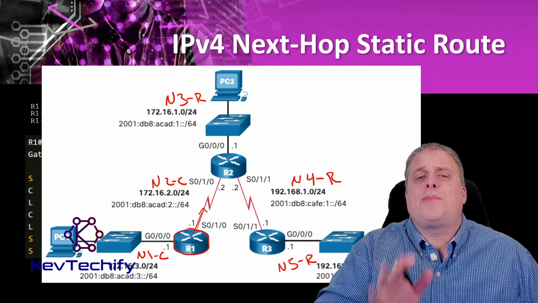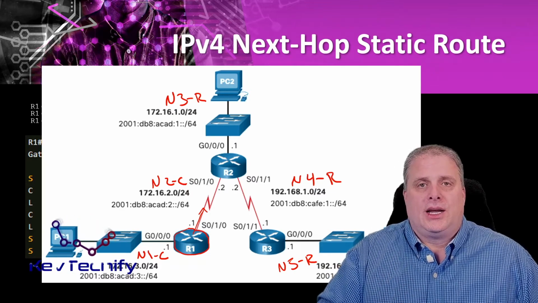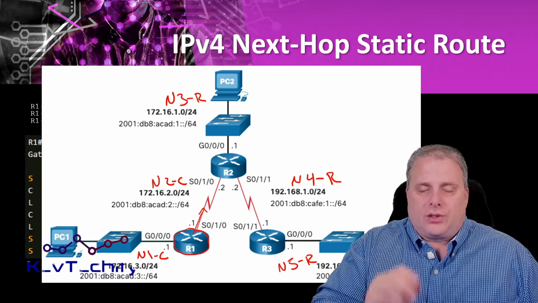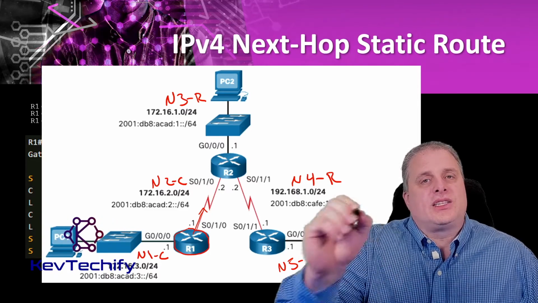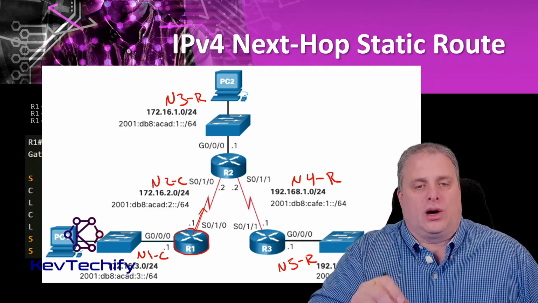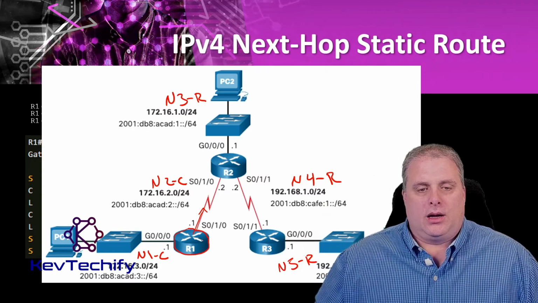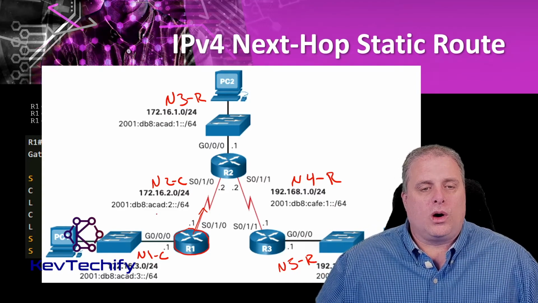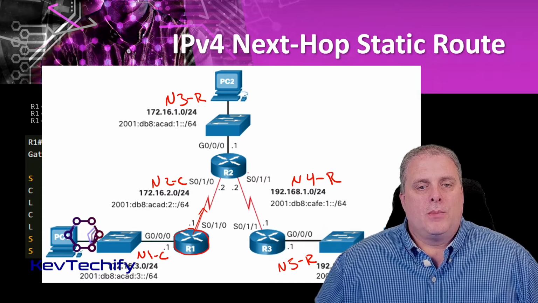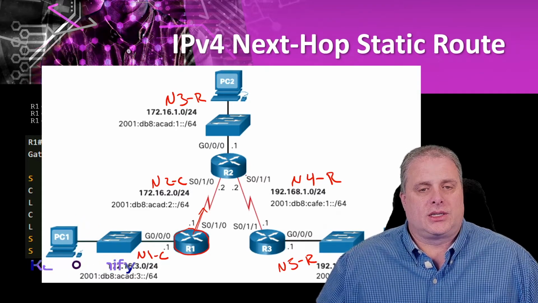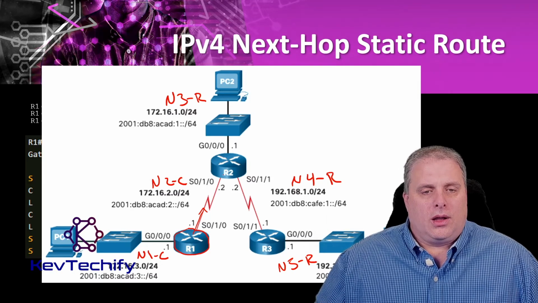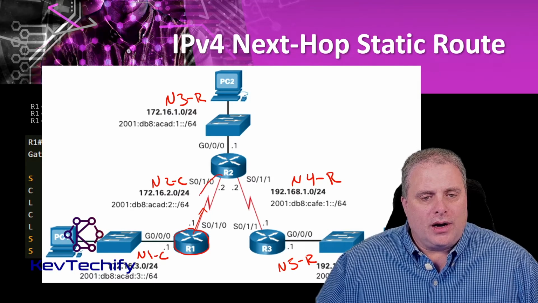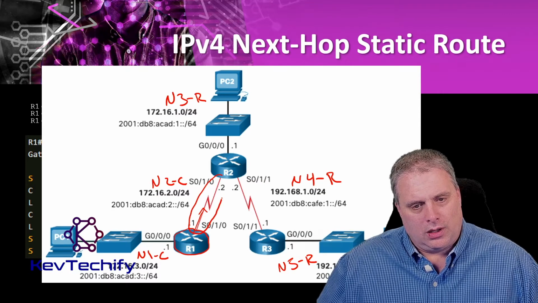The next hop IP address is an IP address we know about, but it's on the next device. It's on the next router. Router 1 knows about network 1, network 2. But we need an IP address that's on that next router. This is the network right here. This is network 2.